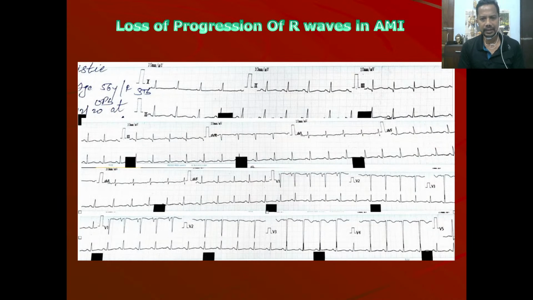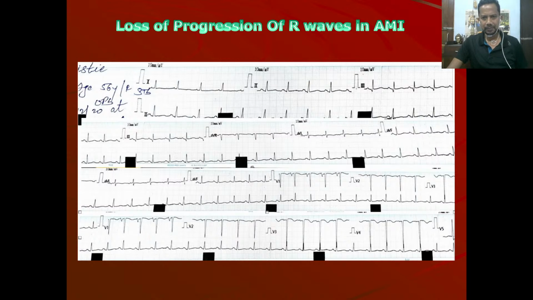Now in this ECG, it looks like a totally normal ECG. There is no ST elevation, there is no coving. And many a times you should know that in anterior MIs, the progression of R wave is lost, and sometimes just the progression of the amplitude of R wave shortens, it narrows down, and that is the sign of MI. But if you look like this, the ECG looks normal.